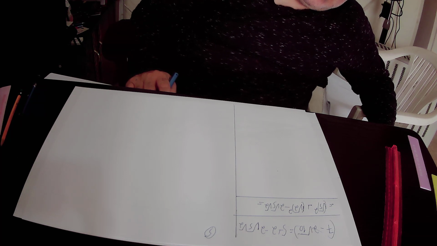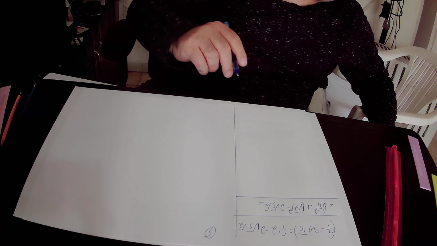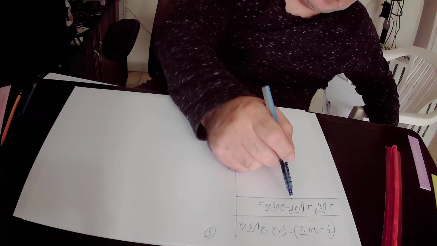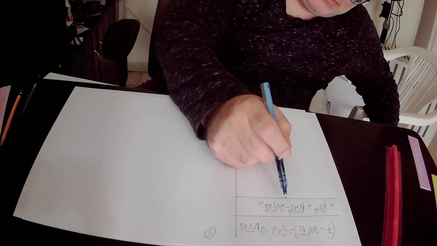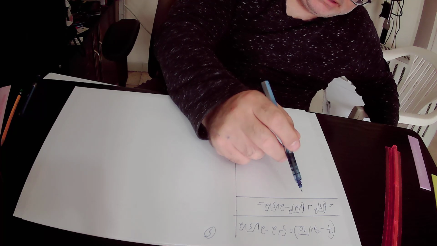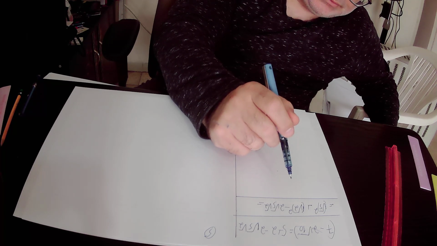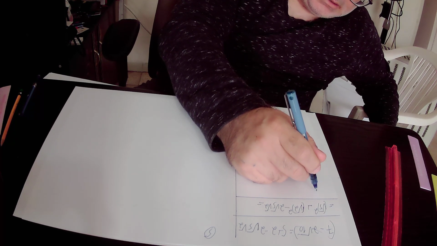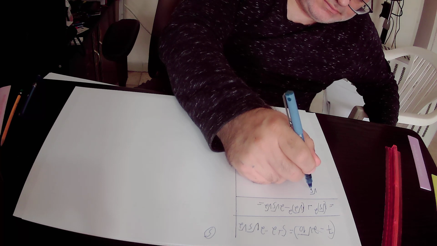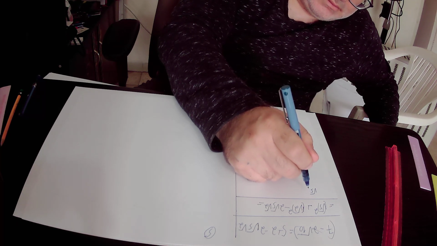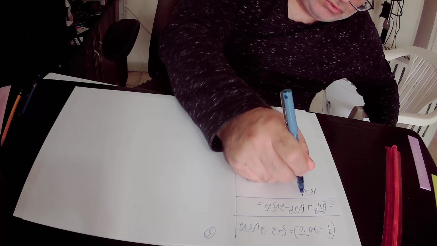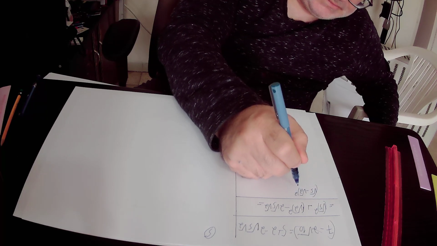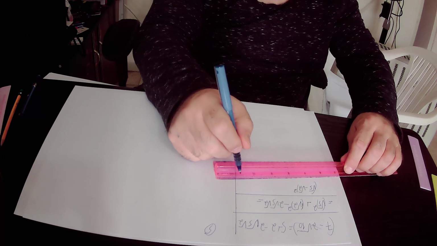That is to say, we can substitute this expression by a minus b squared when a is equal to square root of 5 and b equals square root of 2. So we'll do it now, and we'll get that square root of 5 minus square root of 2 squared is equal to this expression.